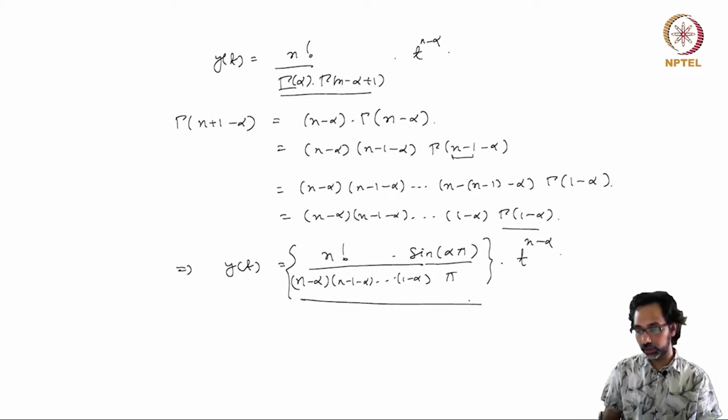So this is your coefficient for t to the power n minus alpha for the solution.